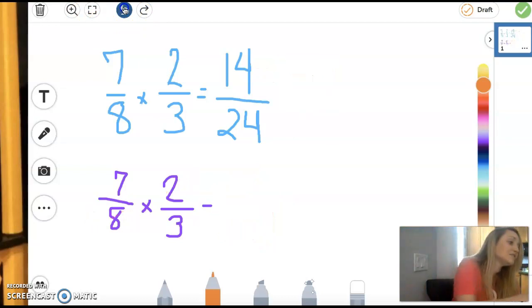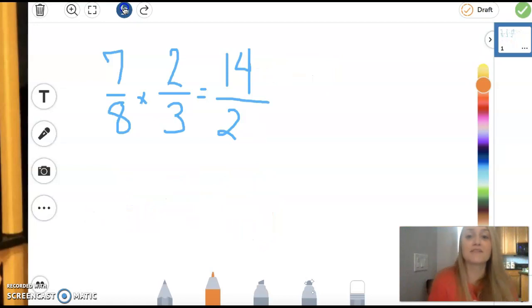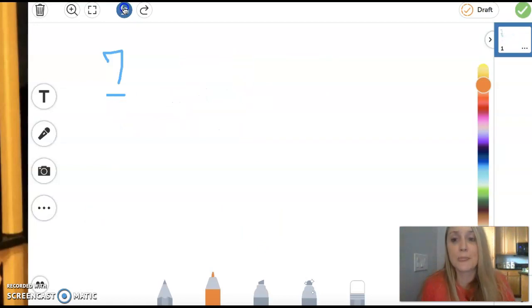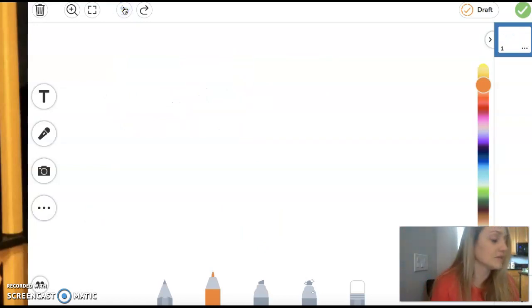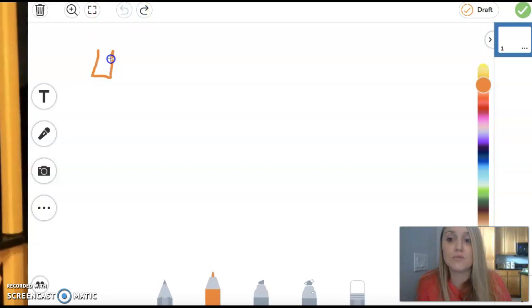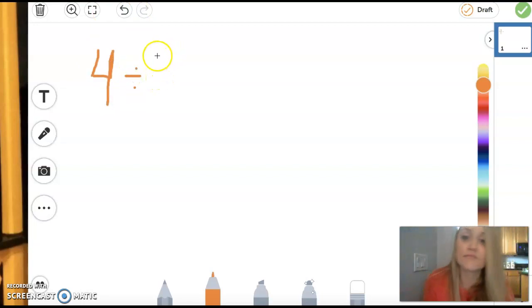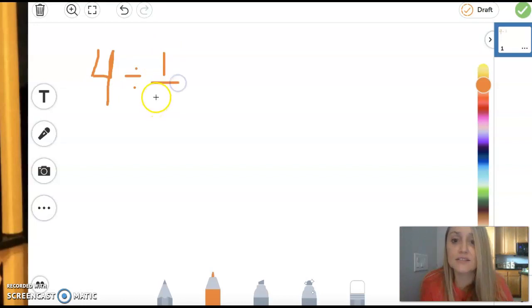All right, so this is actually one of my favorite chapters of the year, and it has one big rule, okay? So I'm just going to get started with the examples. When you have a division problem like this, we're going to line it up.